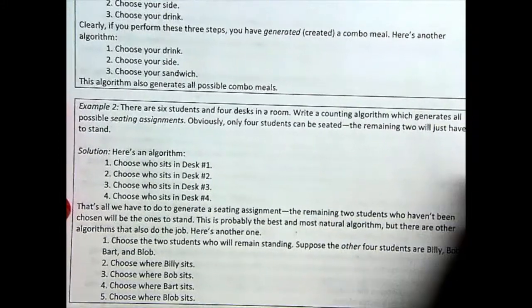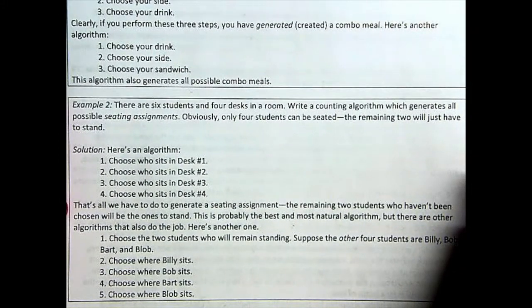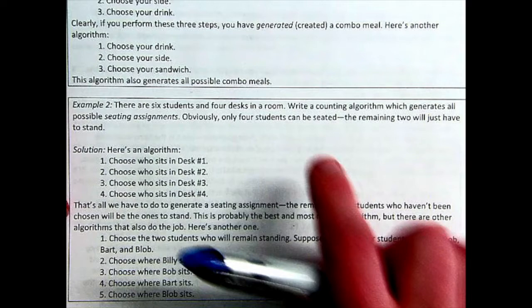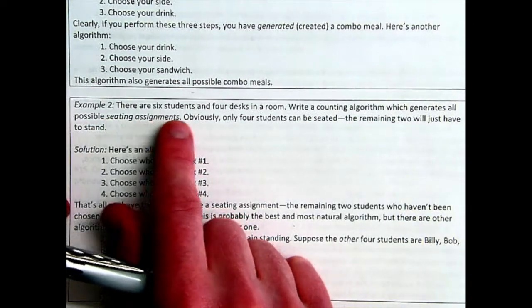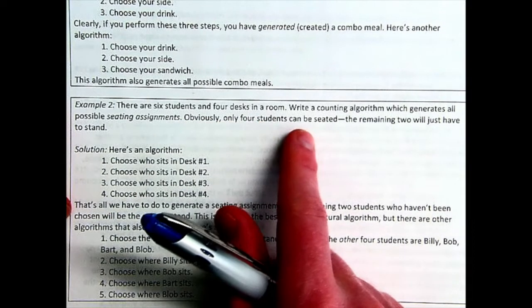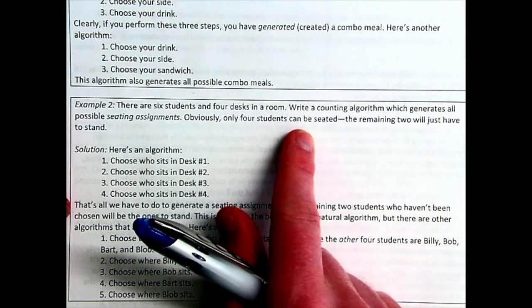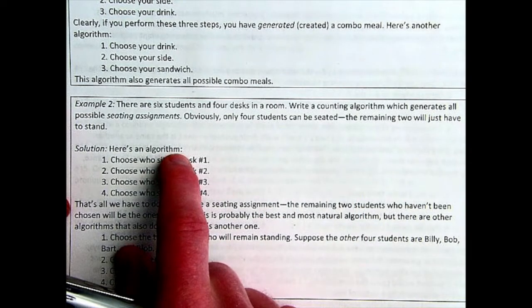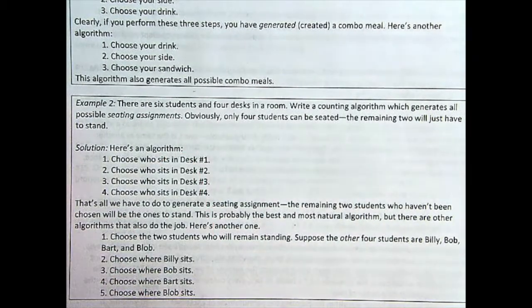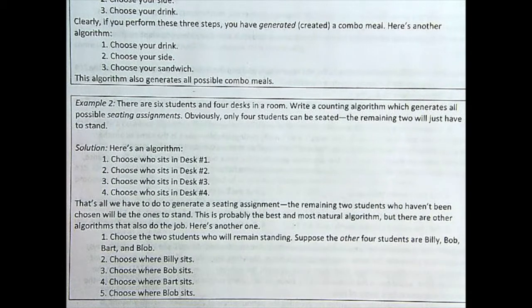Okay, well, let's have a look at a more interesting example. Example 2, suppose there are 6 students and 4 desks in a room. Write a counting algorithm which generates all possible seating assignments. So obviously only 4 students can actually be seated. The remaining 2 will just have to stand. So here's one way of doing it. Here's an algorithm which will generate a seating assignment.